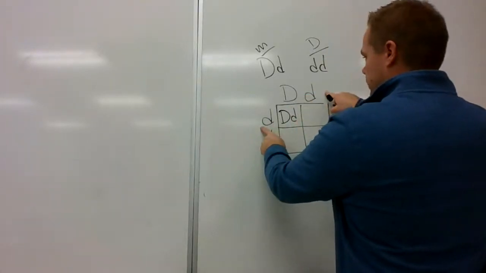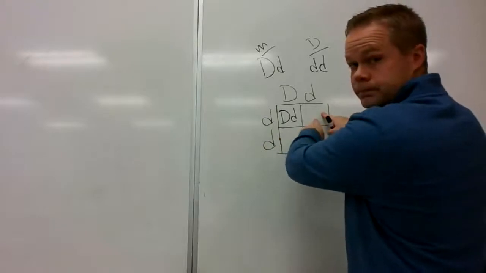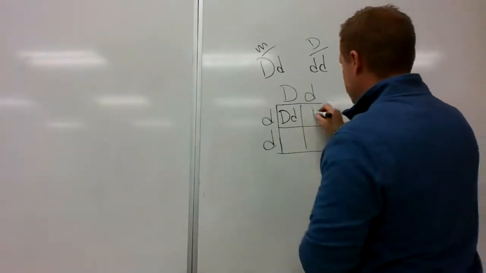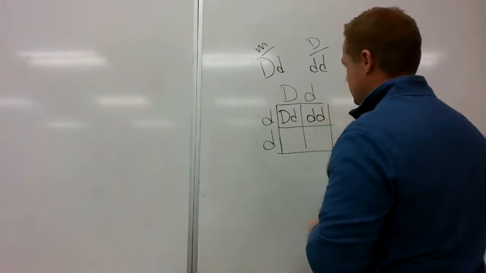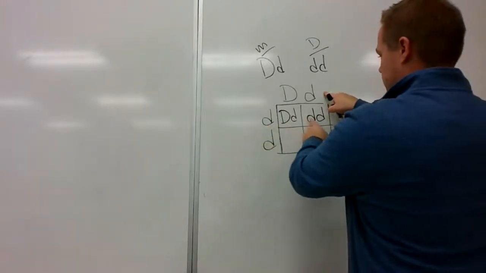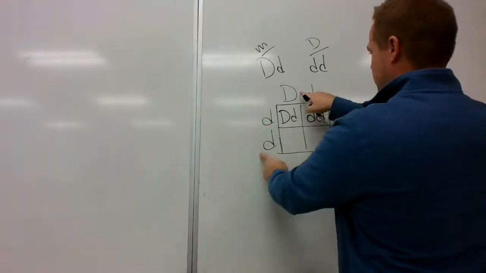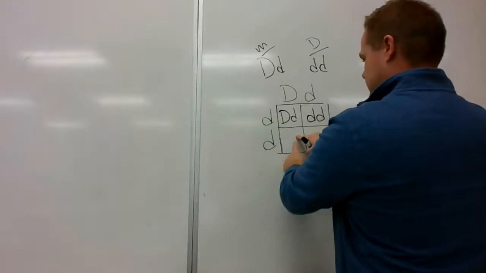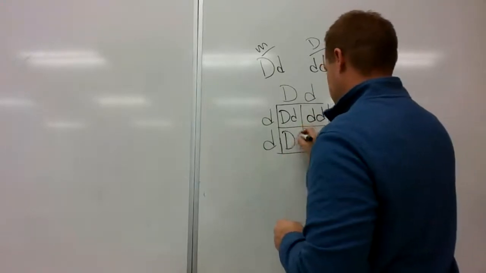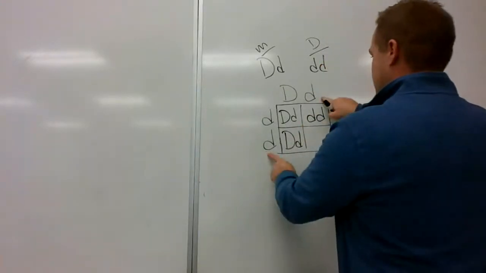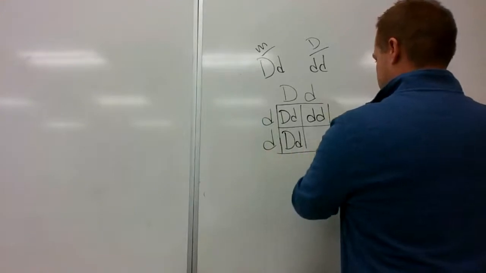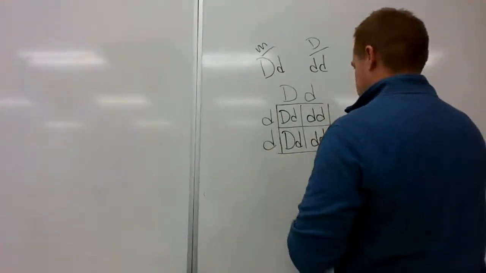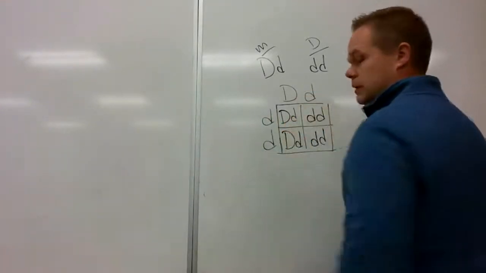Okay, what would go here? That would be recessive, right? Dad gives this, mom gives this. Okay, here, mom gives that, dad gives this one, you still get dominant recessive. And if mom gives this and dad gives that, you get recessive, just like battleship, right?